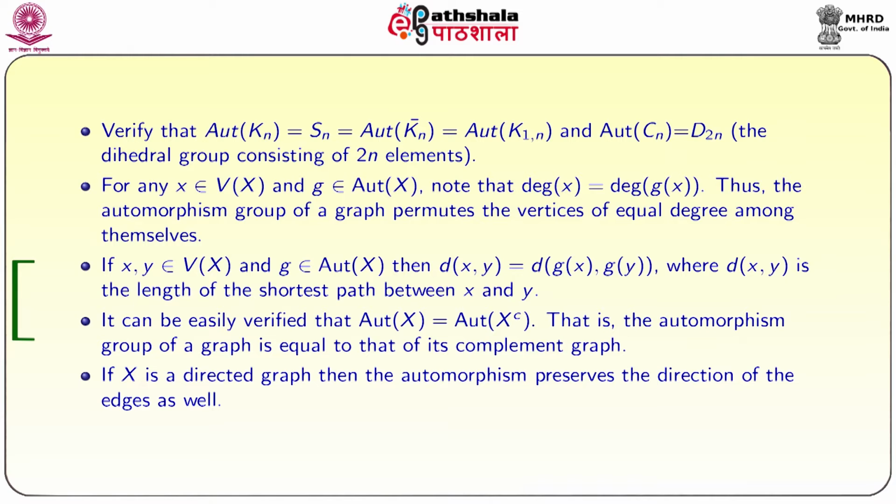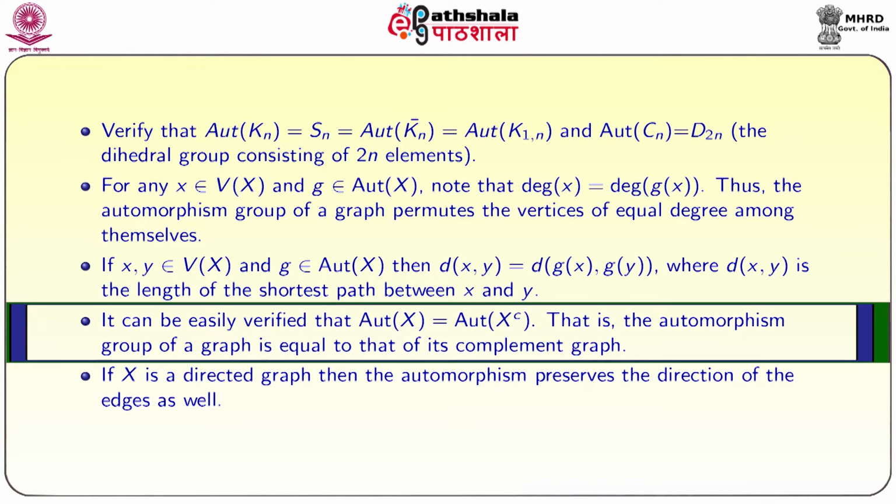So, d of x y is the length of the shortest path between x and y that we already defined. So, automorphisms take vertices of the same distance to the same distance. So, this is another property. Automorphism maps vertices of the same degree to the same degree, and it also maps vertices of the same distance.